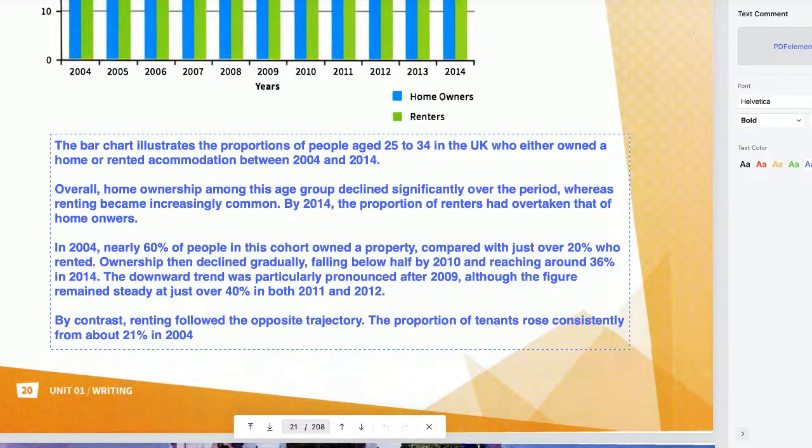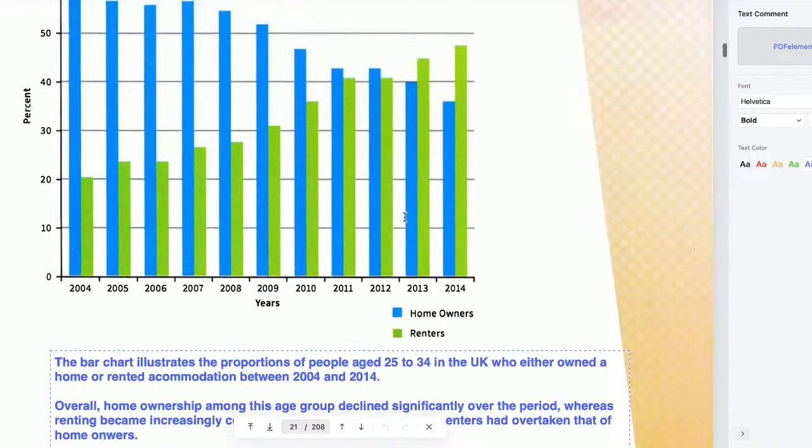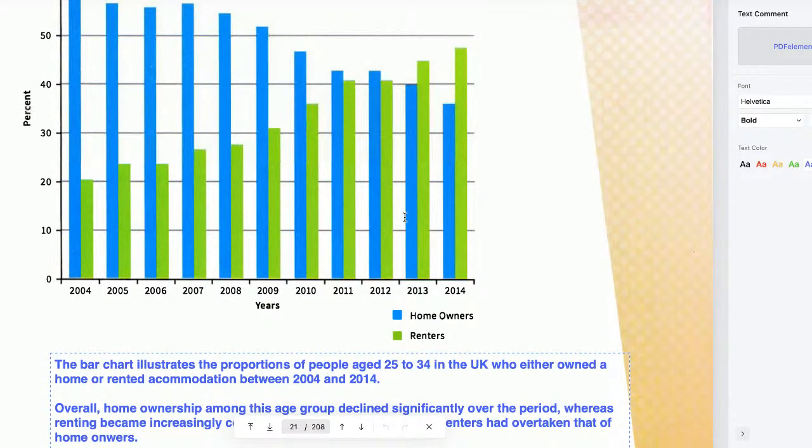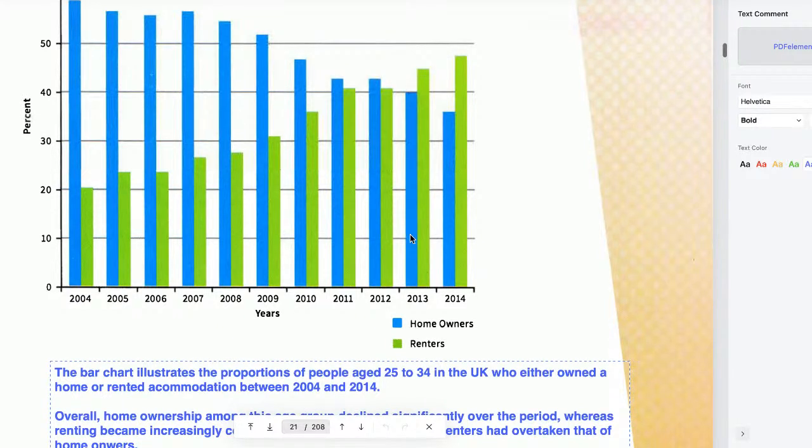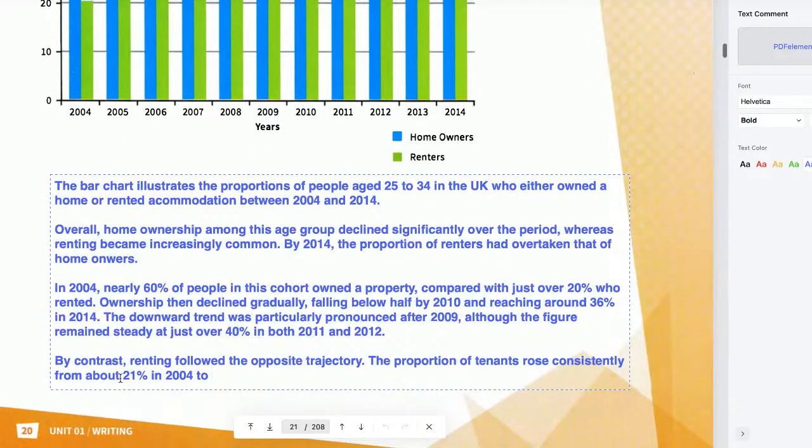to what? To how many percent in 2014? Yeah, but we already used "about" for 21%. We don't want to use about 48%.